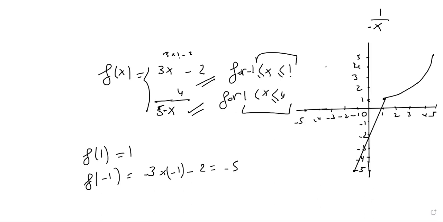Right, now they asked you to state the range for f. So the range of f, you see these values here for x between -1 and 1 and 1 and 4. These values here, let me put it here. This is the 4 that I'm talking about, and this is the -1 that I'm talking about.